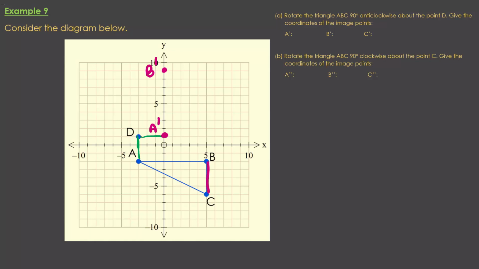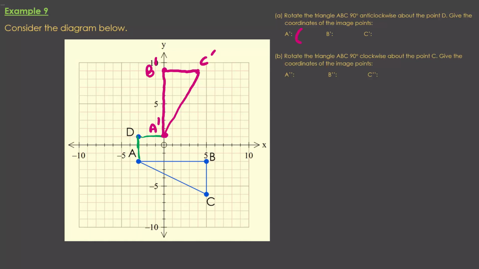And then since this side just here is 1, 2, 3, 4 units long, C dashed would be here. And this is our rotated triangle. We're asked to give the coordinates.